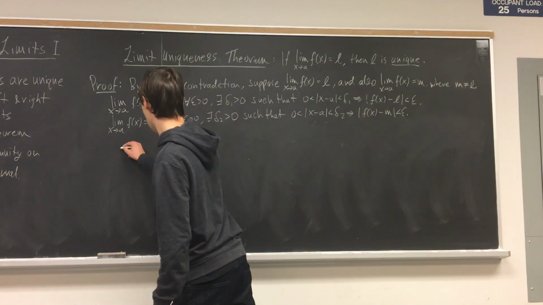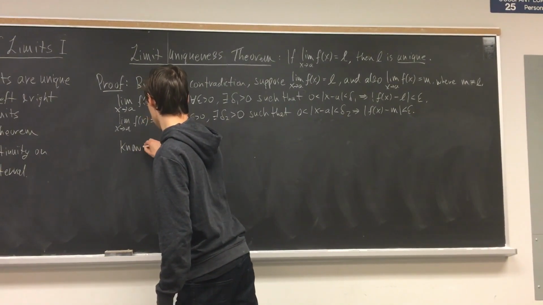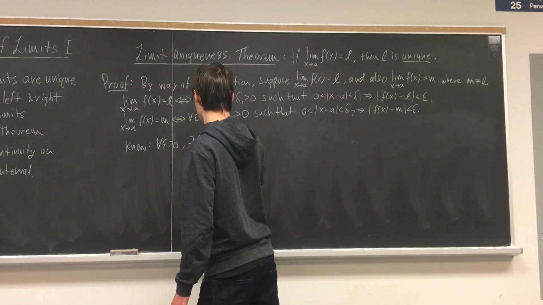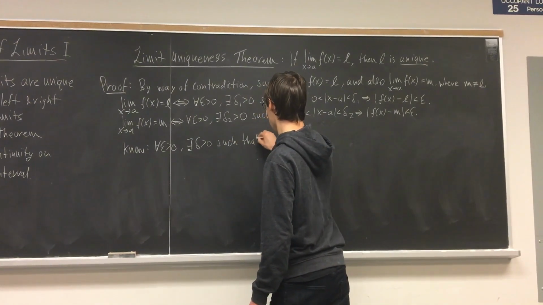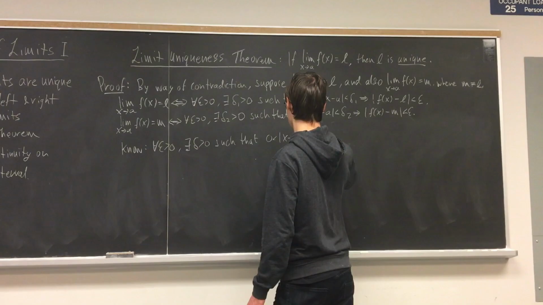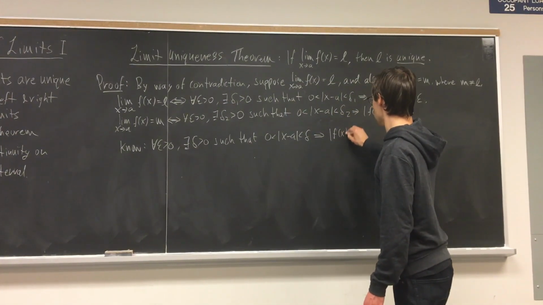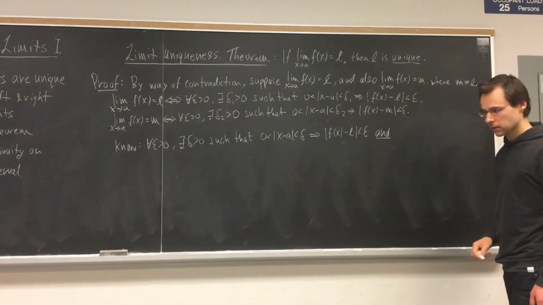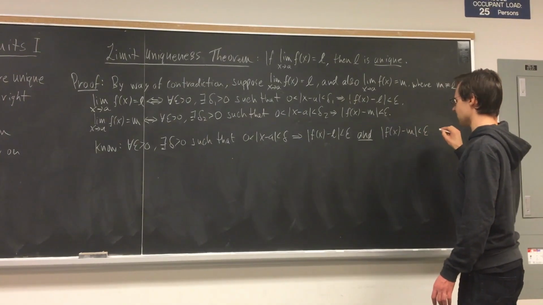We know that for all epsilon, so what do we know? For all epsilon greater than 0, there exists a delta greater than 0, a single delta, such that 0 less than |x minus a| less than that single delta implies |f of x minus L| is less than epsilon, and also |f of x minus m| is less than epsilon.